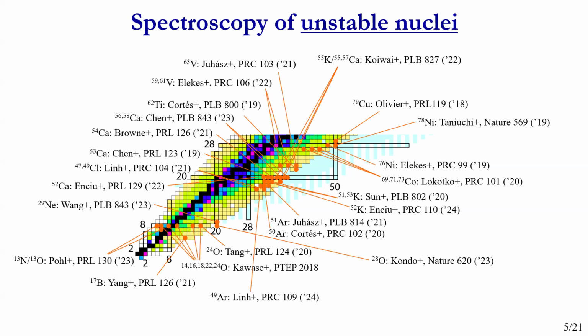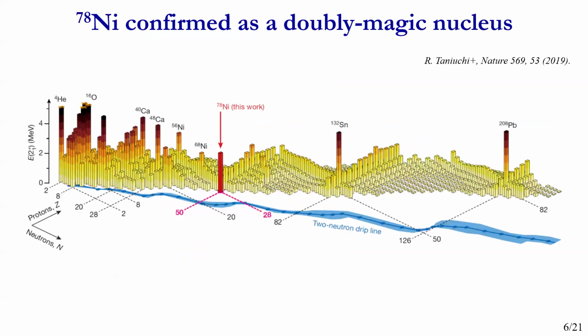I'm very happy to join such large collaborations on the physics of unstable nuclei. Of course, I cannot explain them one by one here, but as a highlight, as Grigor showed, I'd like to show this experiment led by Ryo Taniuchi and collaborators.